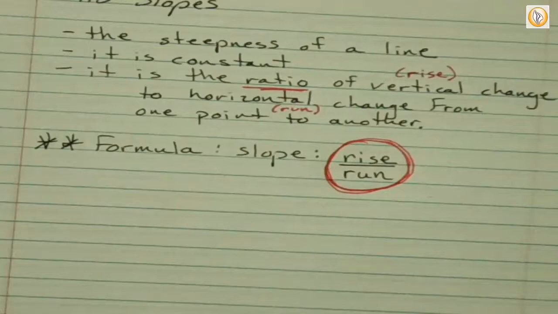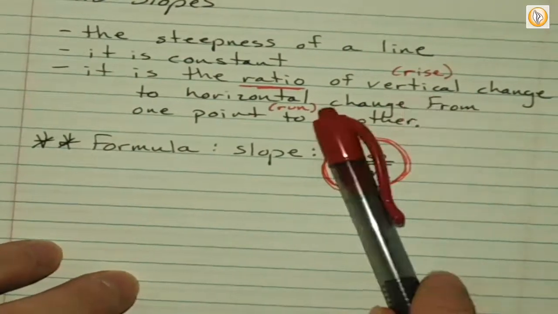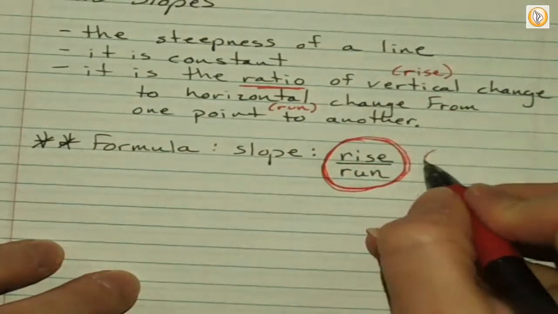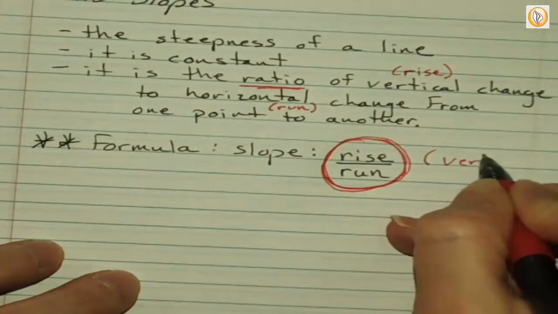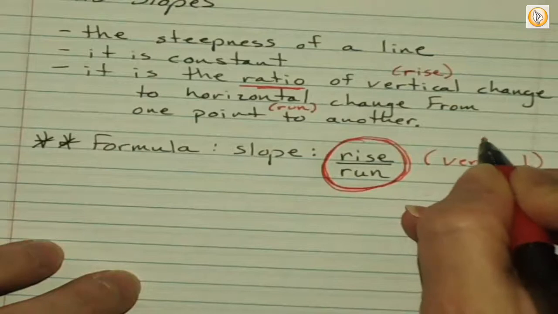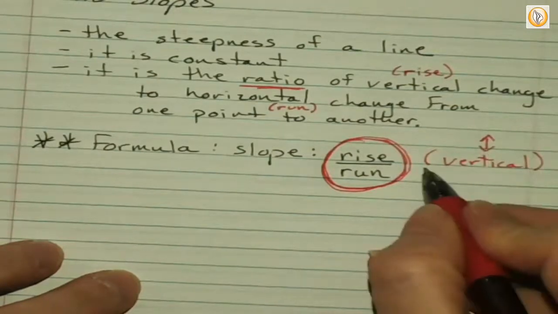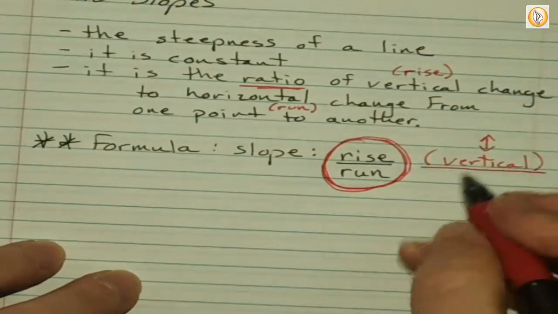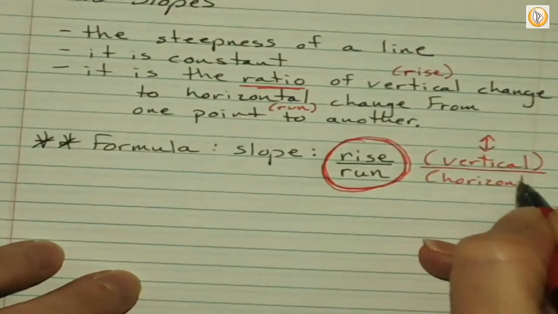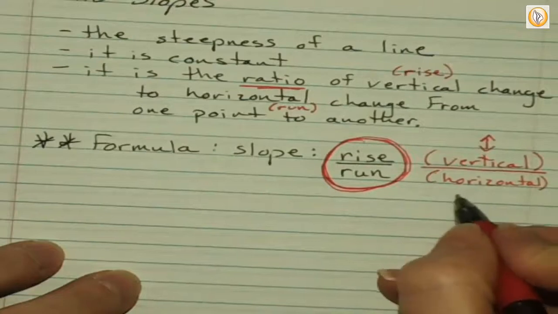But that's not necessarily true. That's why they say vertical change over horizontal change. The top number is your vertical change, going up and down. Your bottom number is your horizontal change, going left to right.